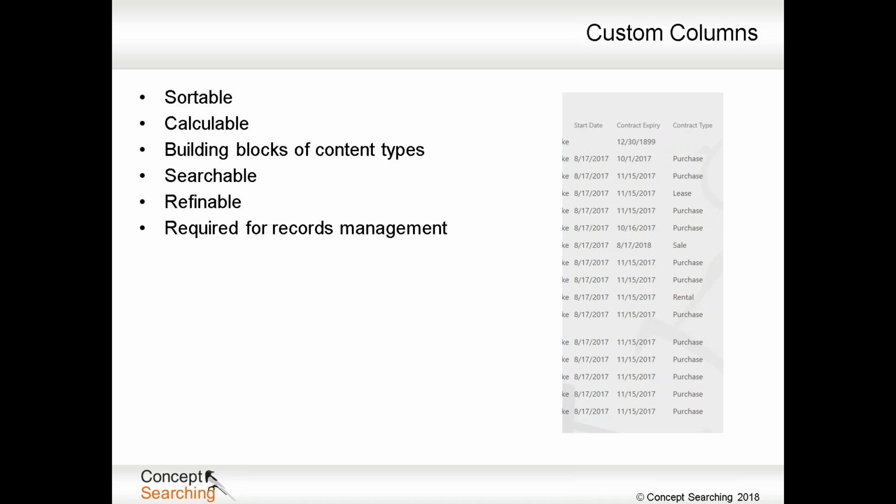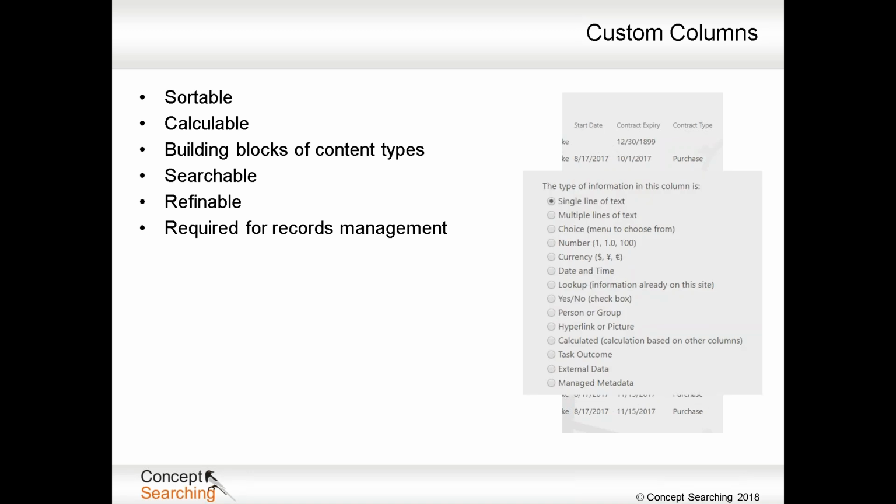The problem with custom columns is that generally they're only used at a very low, very local level. So one or two users with their own site might build a whole bunch of custom columns and not map them to manage metadata. So then we just have all sorts of uncontrolled vocabulary across our organization, which is really good for that specific business process, but not good for the entire company.